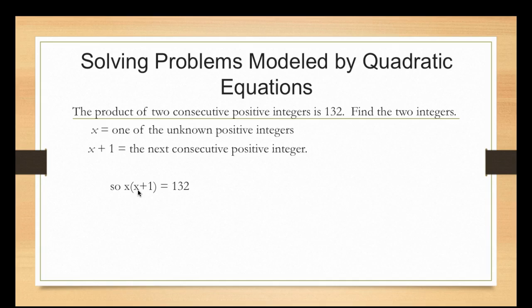Similarly, we want to multiply x times x and x times 1. We want to subtract 132 from both sides of our equation. And we want to then do product sum.